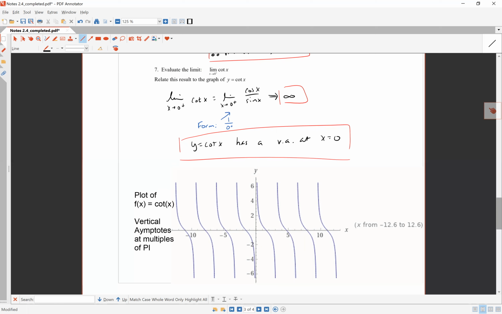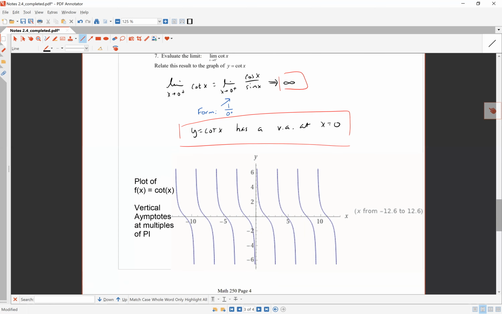Let's look at the cotangent function. I graphed the whole thing down here for you. Now let's take the limit of the cotangent function as x goes to 0 from the left. In this case, of course, the cosine goes to 1.